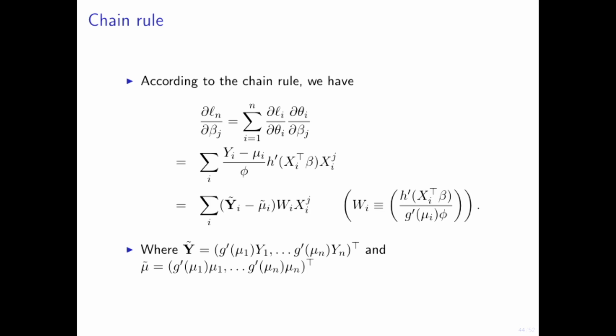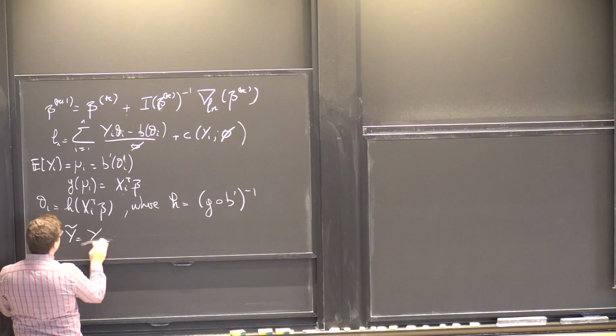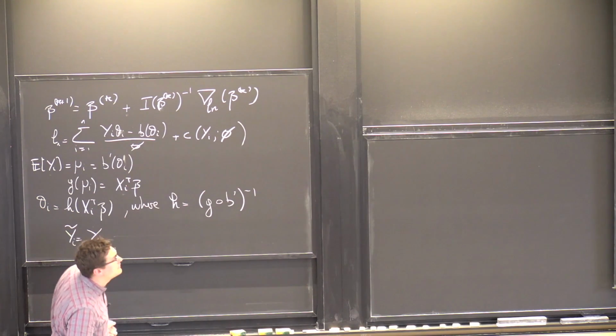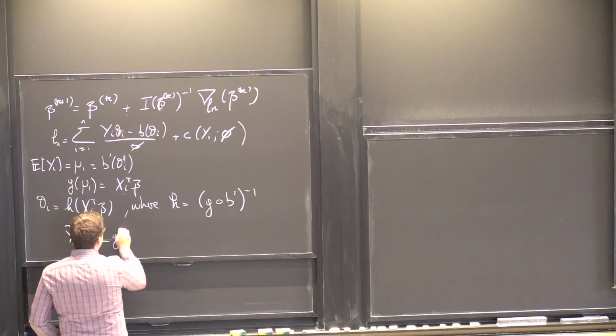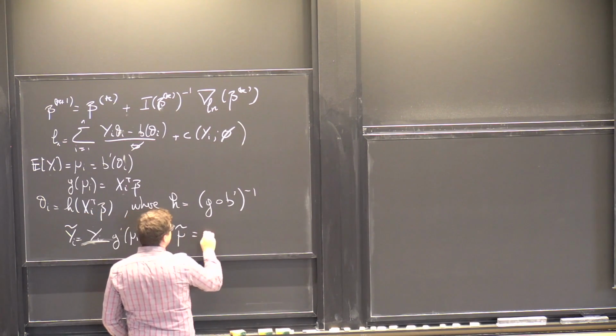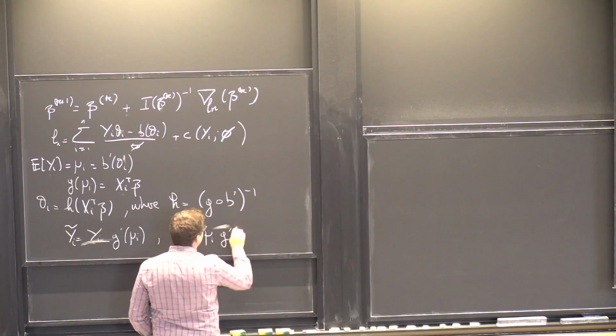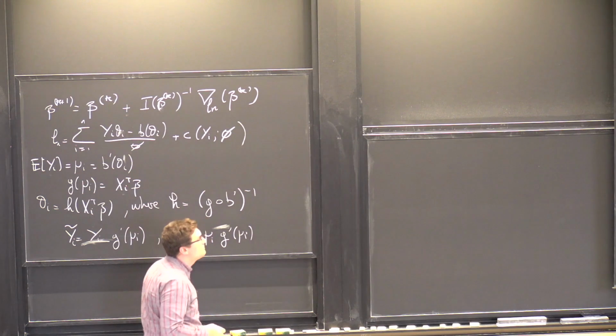Let's remind ourselves that yi tilde is yi times g prime of mu i, and mu i tilde is mu i times g prime of mu i.